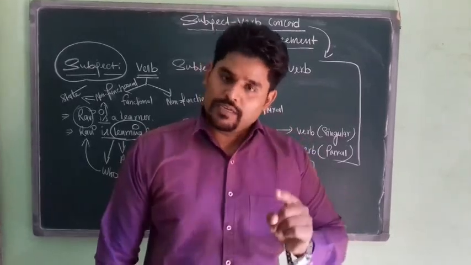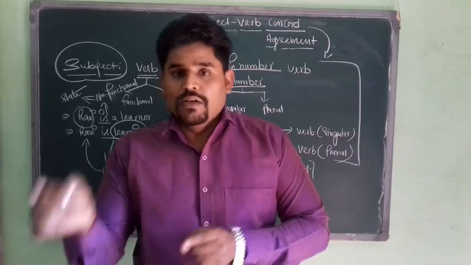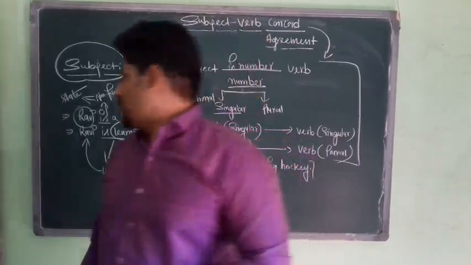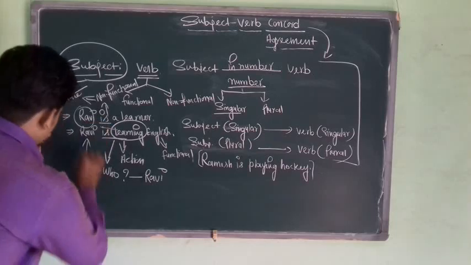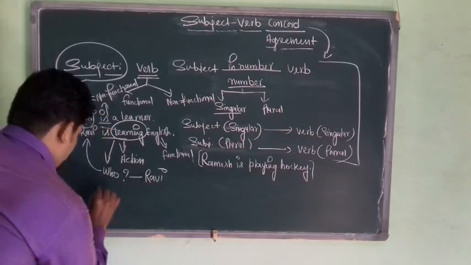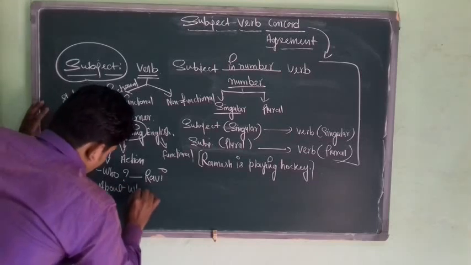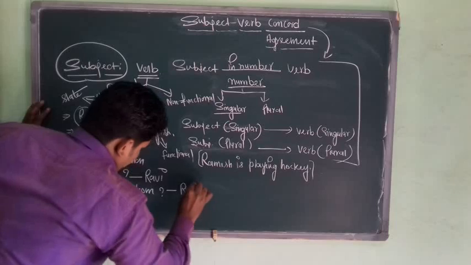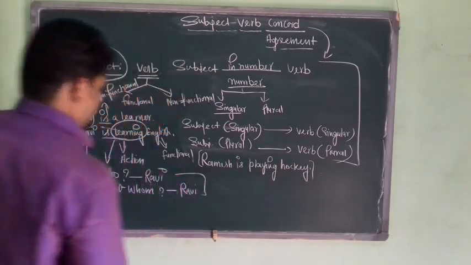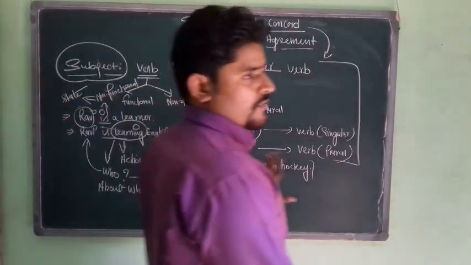The person about whom the information is given will be our subject. About whom? Ravi. So here we have two ways to identify the subject of a sentence.